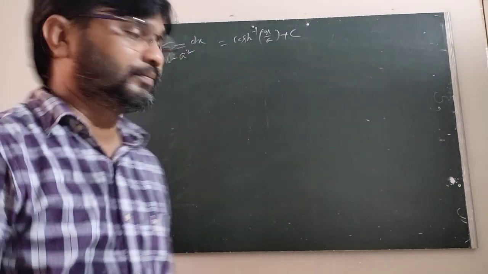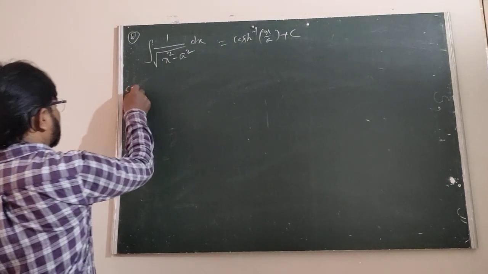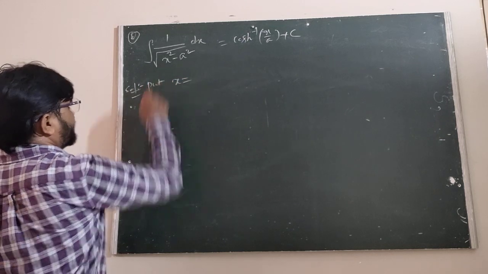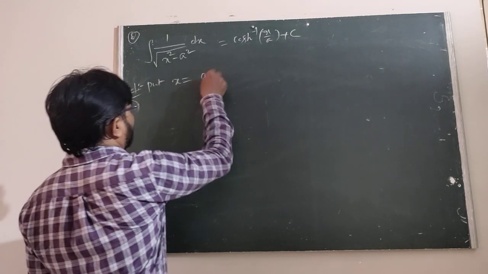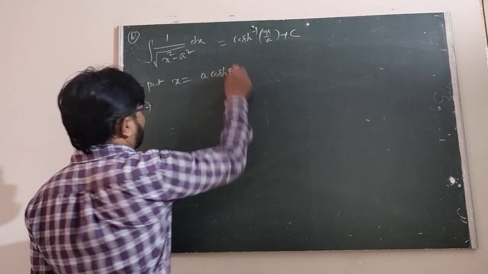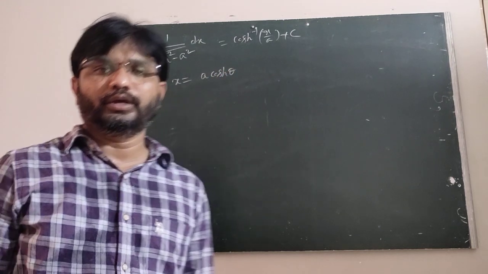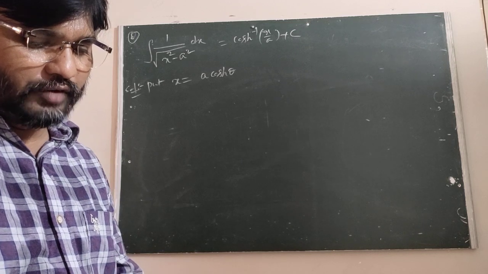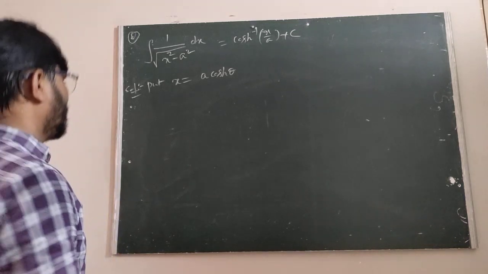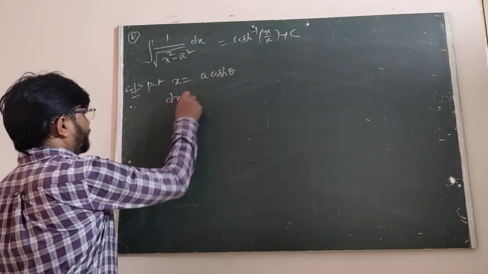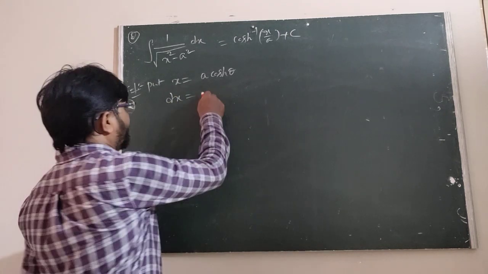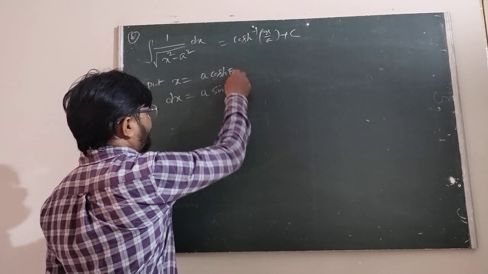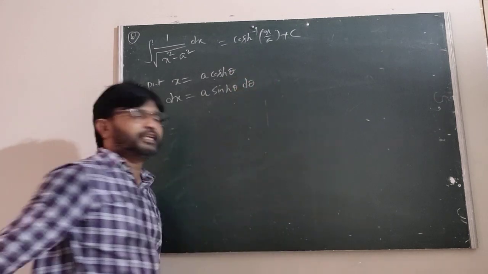Therefore, for the solution, we take x equal to a cos h theta. Now we take the differentiation. The derivative of x is dx, a into the derivative of cos h theta, which is sin h theta, times d theta.